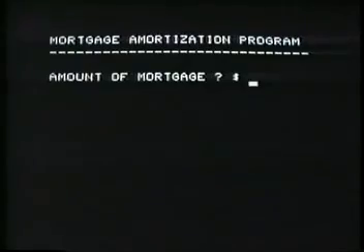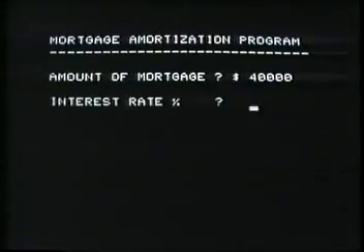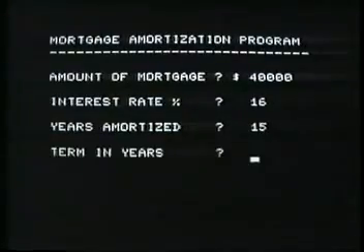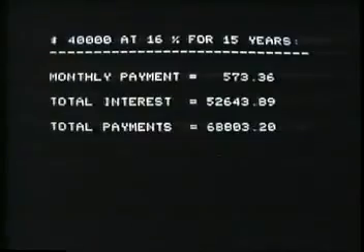Amount of mortgage. 40,000. Interest rate, 16%. Years amortized, 15. Term in years, 10 years. Enter.